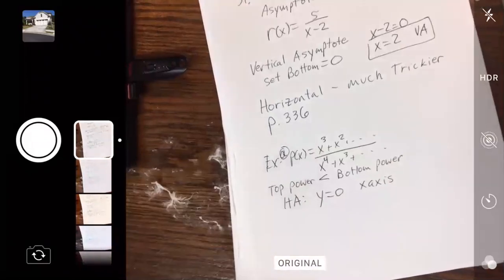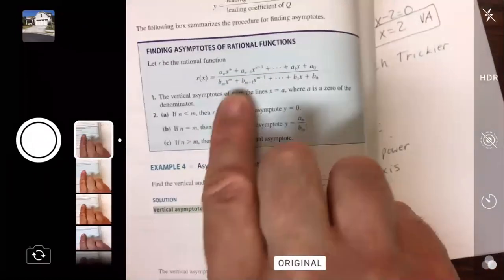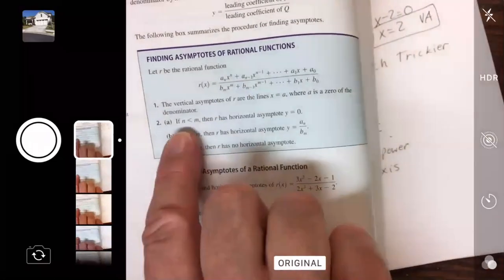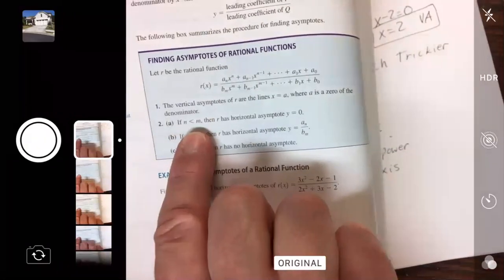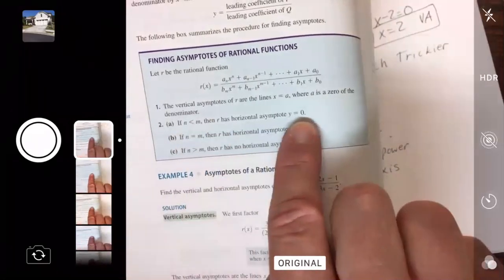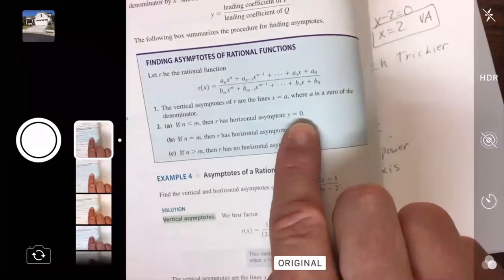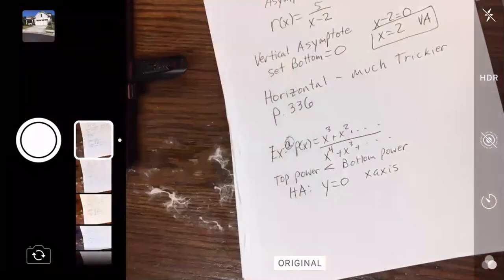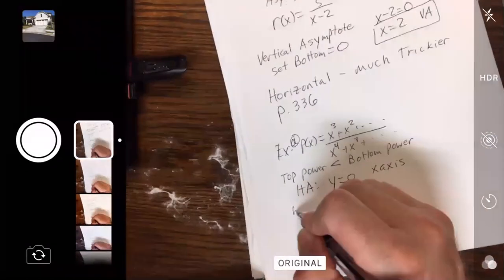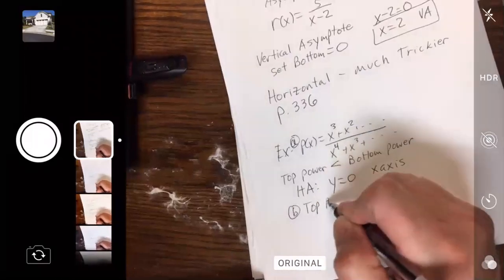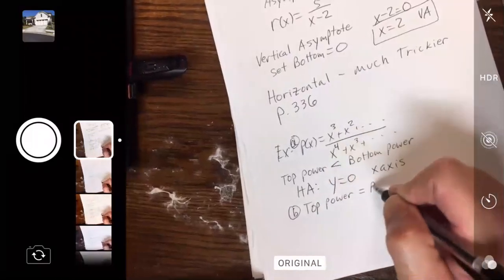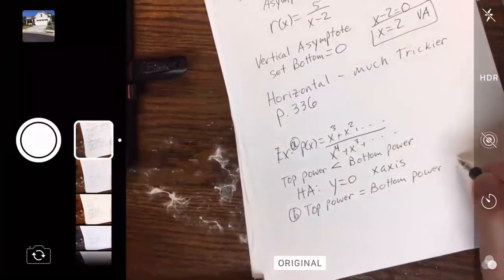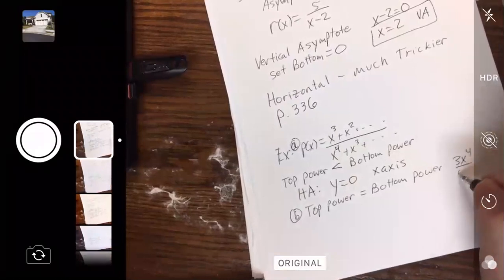If I put this back under the camera, they're comparing the top power, they call it N, to the bottom power, M. If your top power is less than your bottom power, you will automatically be y equals 0, the x-axis. If the top power equals the bottom power, they're calling it case B. That would be like having a 3x to the 4th over a 4x to the 4th.